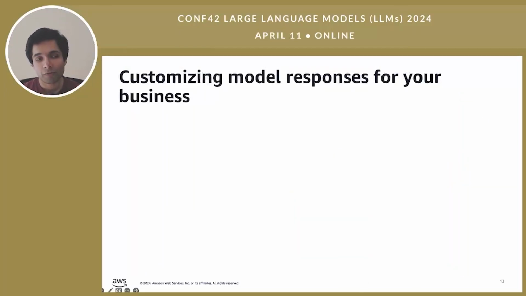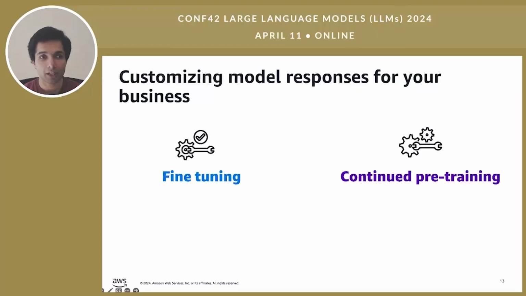Now, here we talk about customizing the business responses. So what's really going to help drive your business in generative AI is what's important for your customers, what's important for your products which you're creating, and how you go about that. And you can leverage different mechanisms here, and this is where fine-tuning and continued pre-training come into the picture. You talk about the purpose.